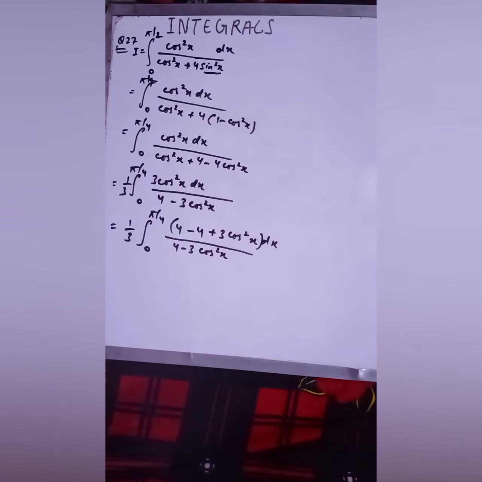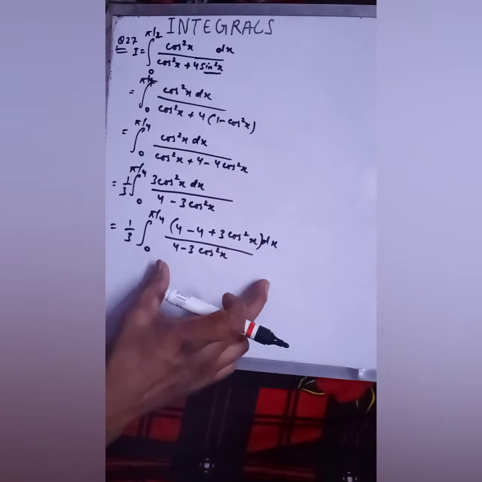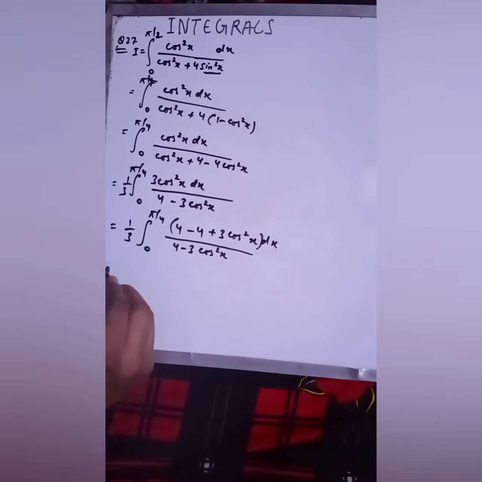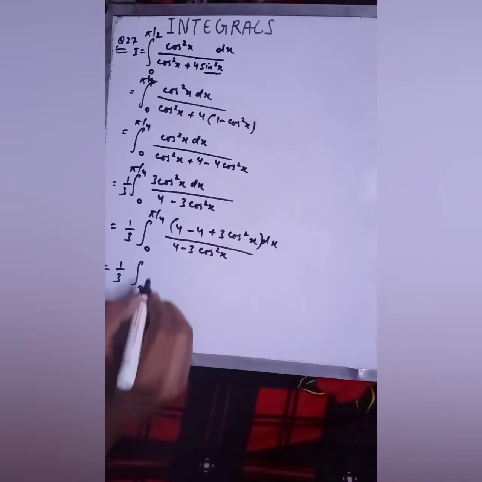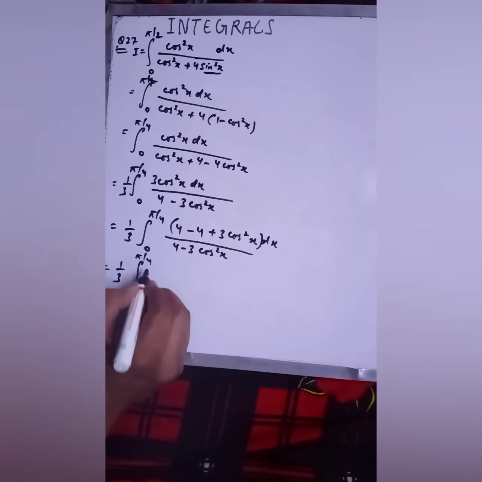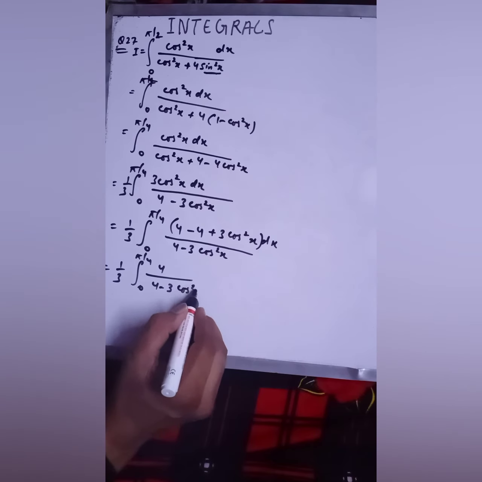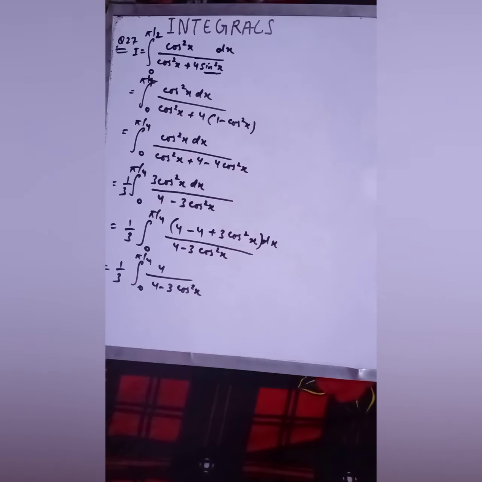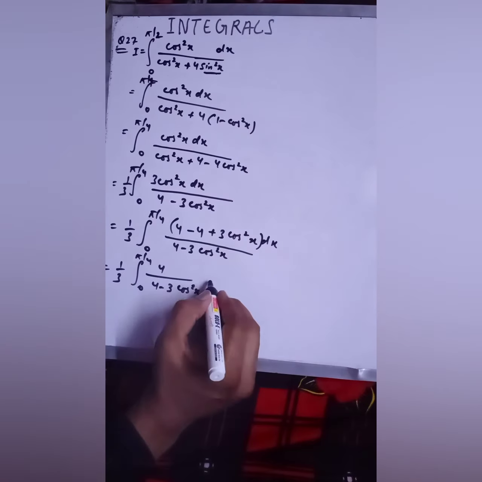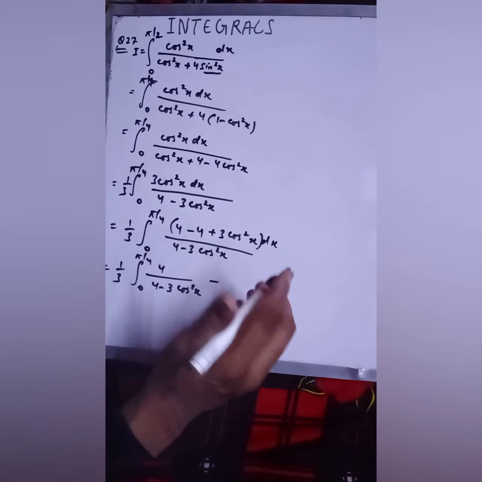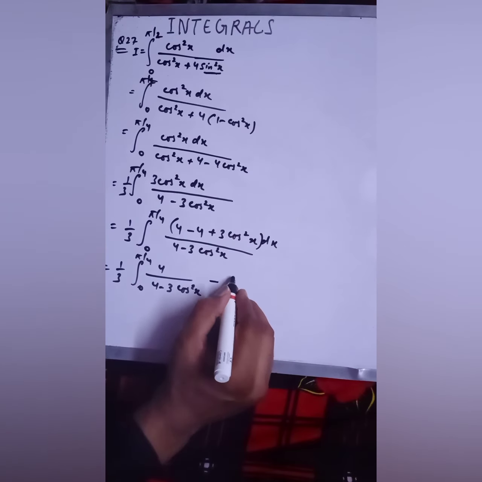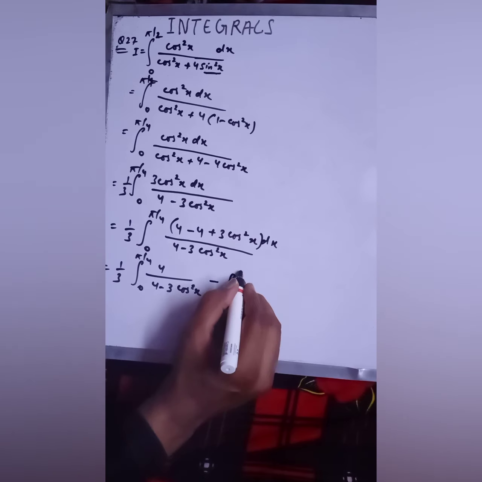Okay, so after this step what we have to do, this is 1 by 3 from 0 to pi by 4, 4 over 4 minus 3 cos square x. Okay, take minus as common from these two, and you will write integration from 0 to pi by 4.